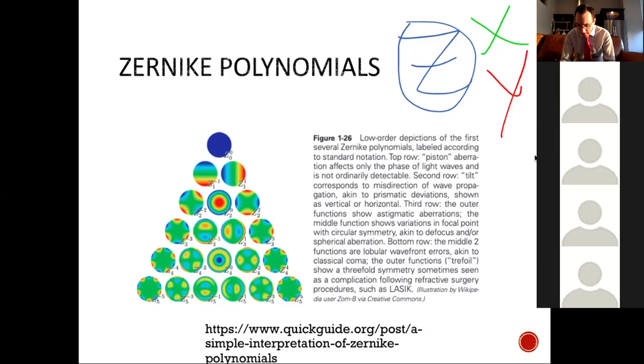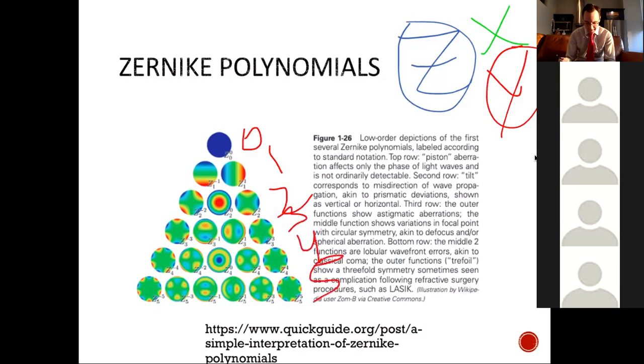Let's start with the Y, the denominator, right? The Y, the denominator, is going to tell us which order of aberration we are looking at. So we can draw it out: 1, 2, 3, 4, and 5. Sorry about my bad handwriting there.